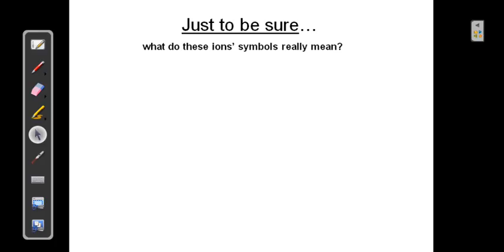So I don't want you to be in that situation. Therefore I would very much like to make sure that you get this right and understand this correctly.